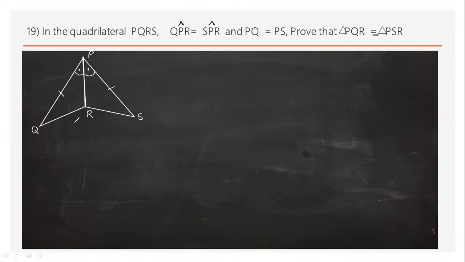Prove that triangle PQR is congruent to triangle PSR, these two. Then we can write here triangle PQR and triangle PRS.